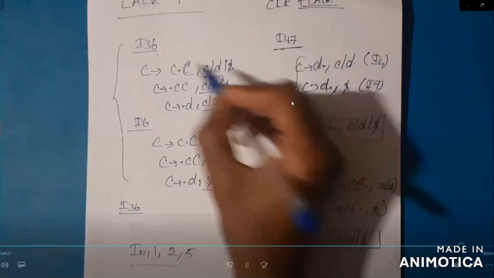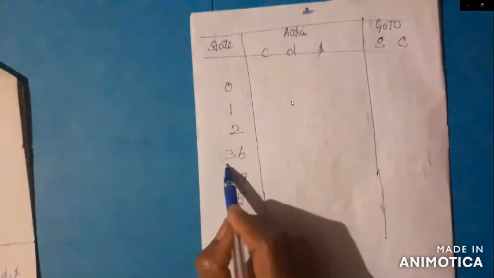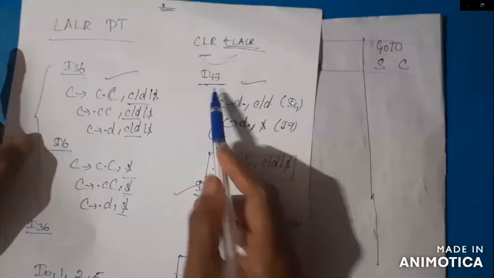The remaining states are the normal set of states for the same production, as in the CLR parsing table construction. Only once you complete the CLR parsing table can you go for the LALR parsing table. This is the parsing table construction.